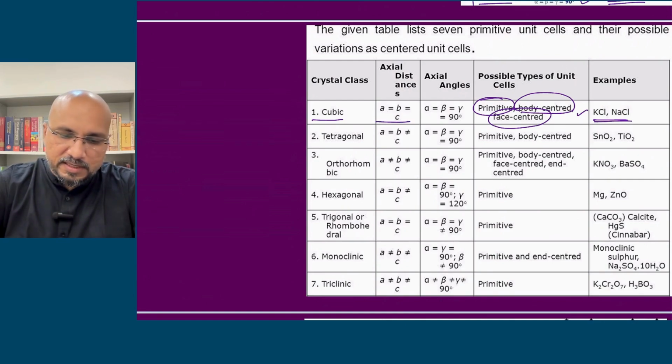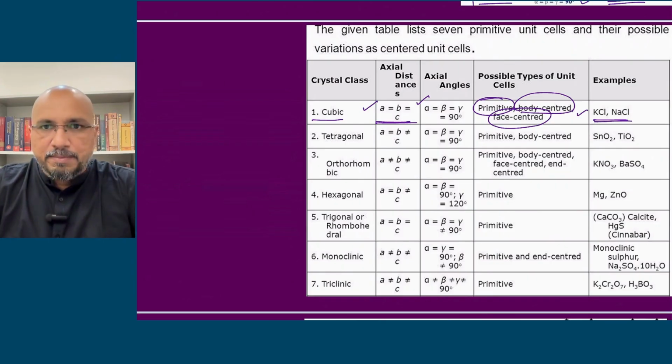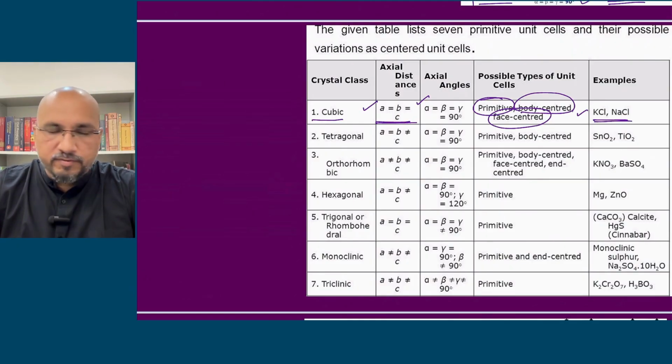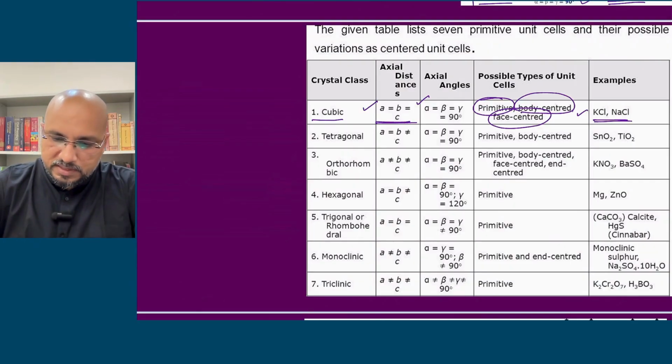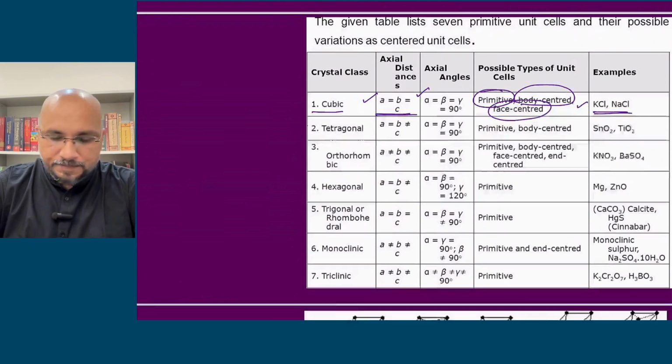So these are the relationship between the axis lengths, and this is the angle between the axes. Here is the compilation, the entire table, where you have the length of the axes, the angles between the axes A, B and C, and what types of unit cells are present in these crystal systems, and examples, right? So this table has all.